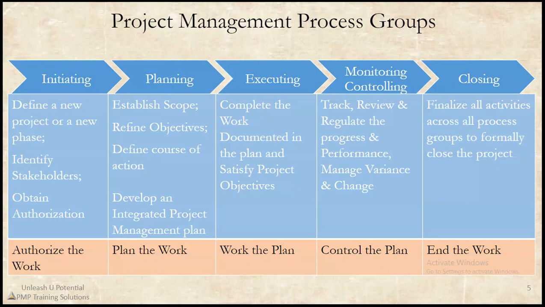Everything we document at the time of planning, and we develop an integrated project management plan. We come up with the scope management plan, schedule management plan, cost management plan, quality management plan. We integrate all those plans into one guide, that is the integrated project management plan.